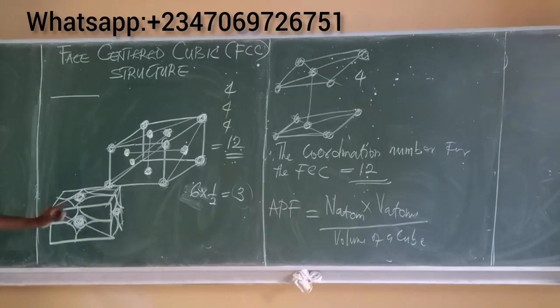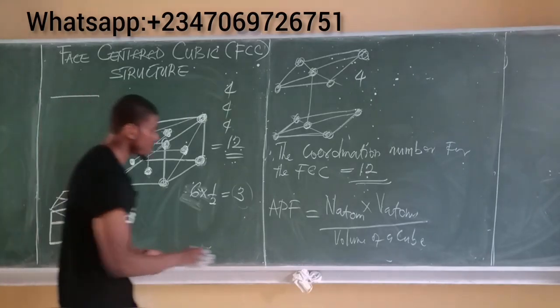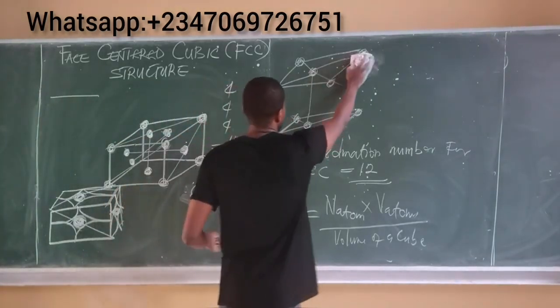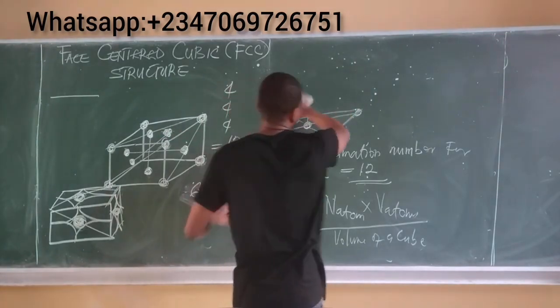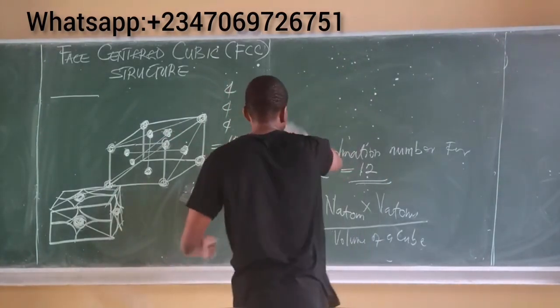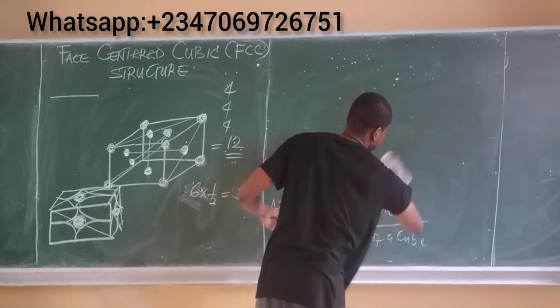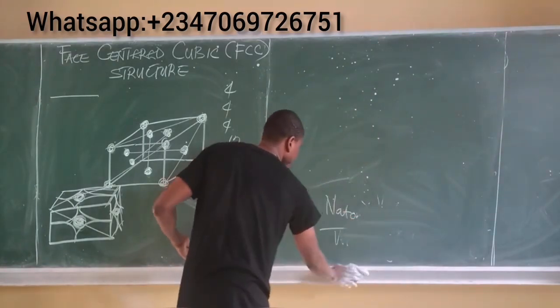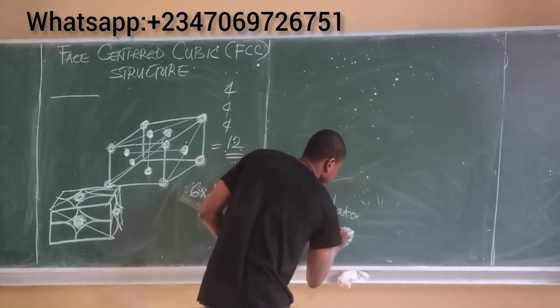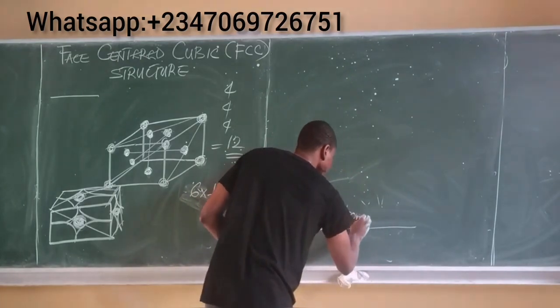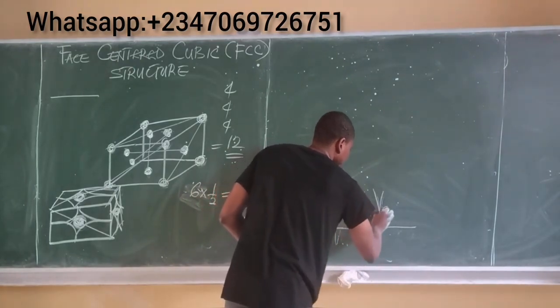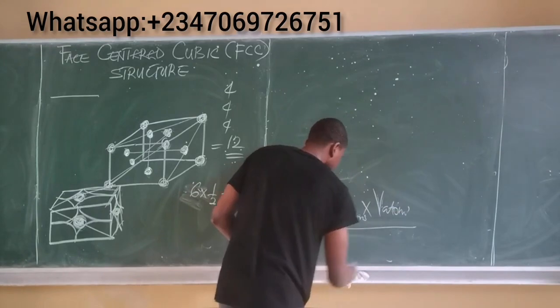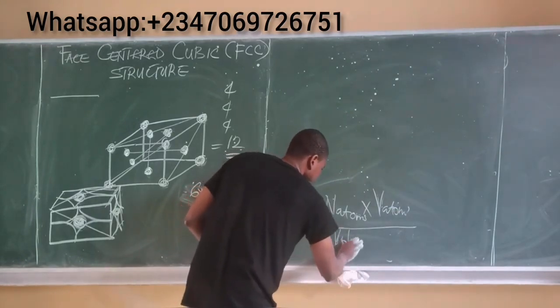So simply pick out one of the diagonals to analyze for the atomic packing factor. Okay, this is my formula: number of atoms multiplied by the volume of atoms, over the volume of the cube.